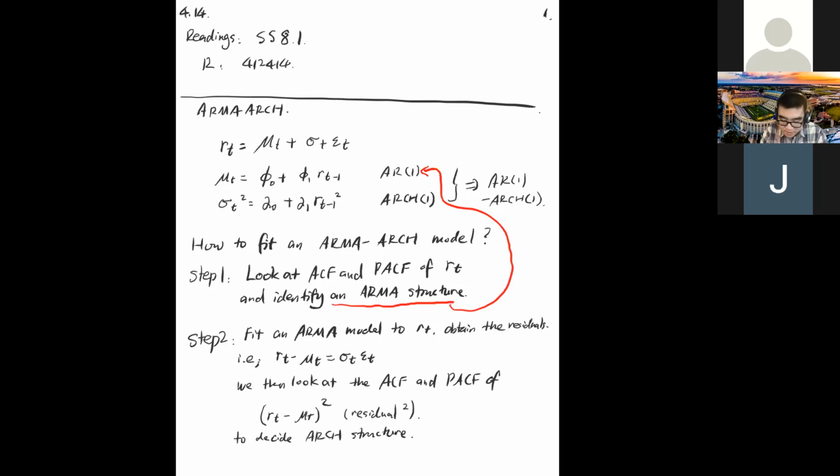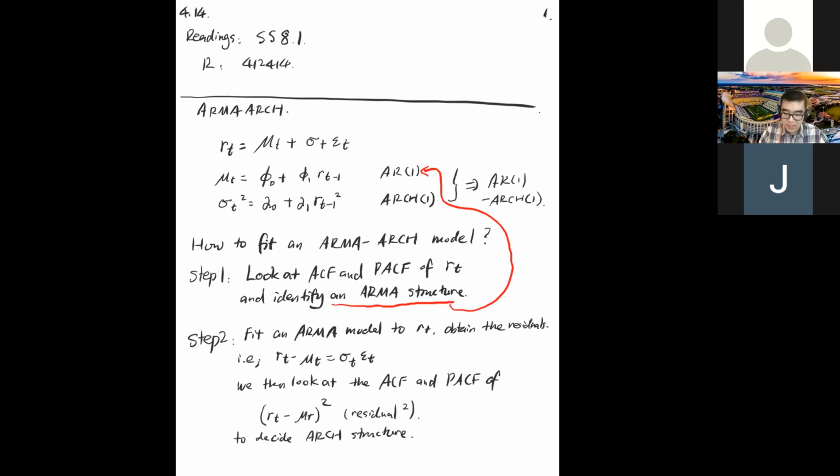When we consider the square, it is because once we take the residual, what we obtain is this part, sigma_t epsilon_t. However, in this ARCH structure, what we actually have is sigma_t squared. So we take the square of the residuals in order to mimic the sigma_t squared in the ARCH model. That's why we look at the residuals squared here. So everybody follows this? Okay, that's why we'll take a look at the residual squared.